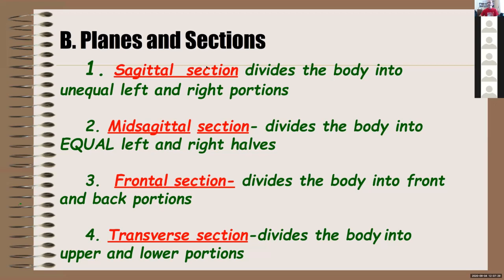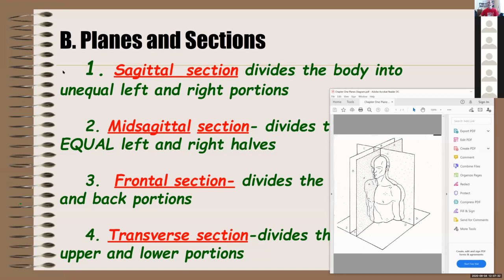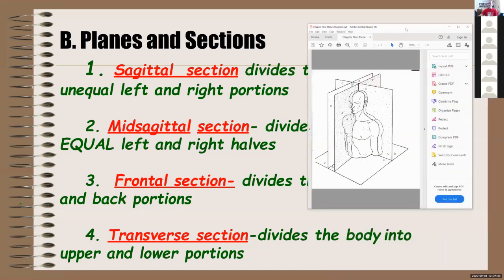There we go, good. Okay, so here's an anatomical image, or here's an image of someone in the anatomical position. Anatomical image means just that we're looking at an image in the anatomical position.